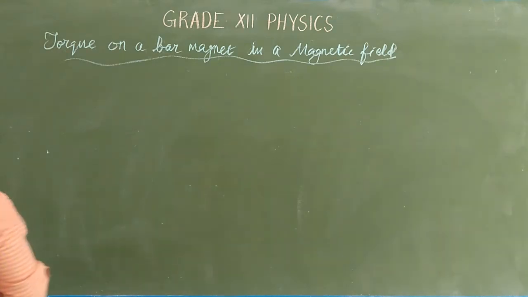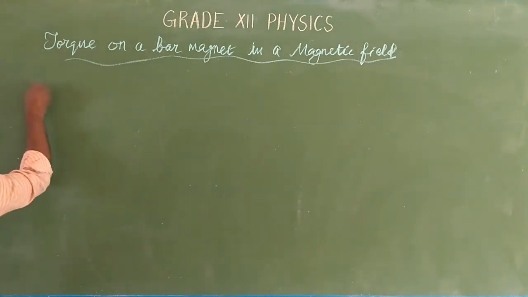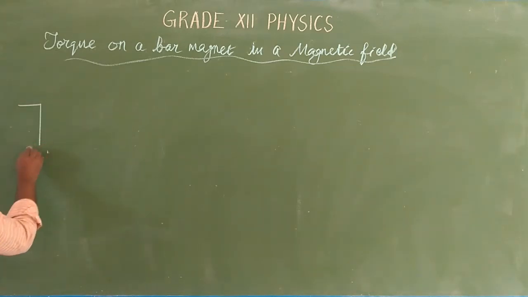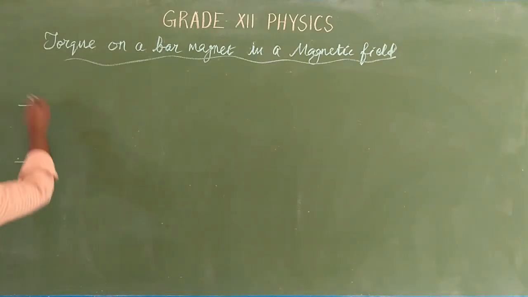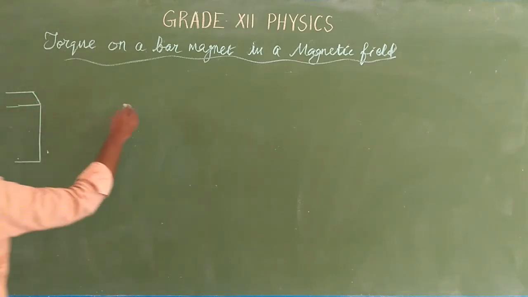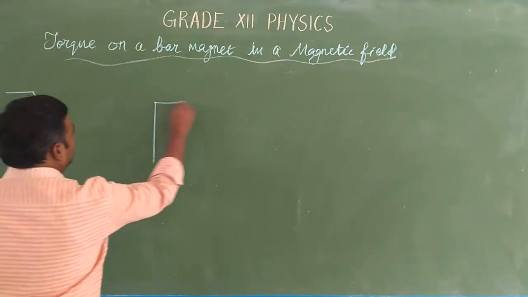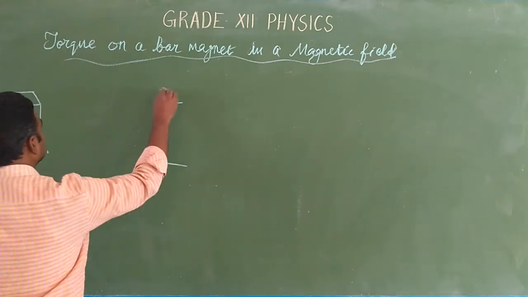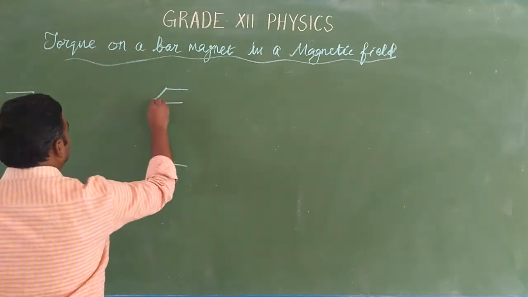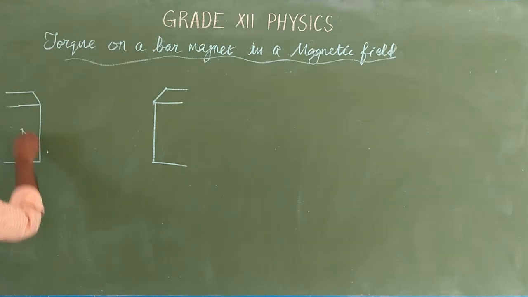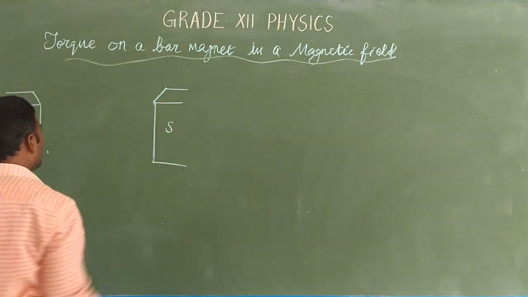So we have a bar magnet, a permanent magnet, and the poles of this permanent magnet are N and S. This is the north pole of the bar magnet, and this is the south pole of the bar magnet.